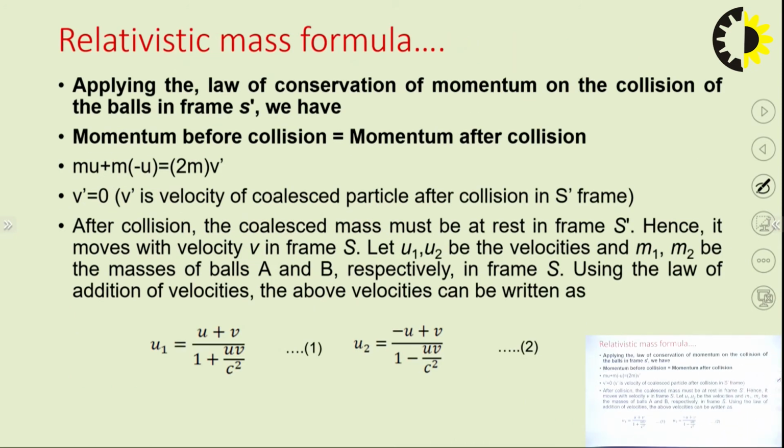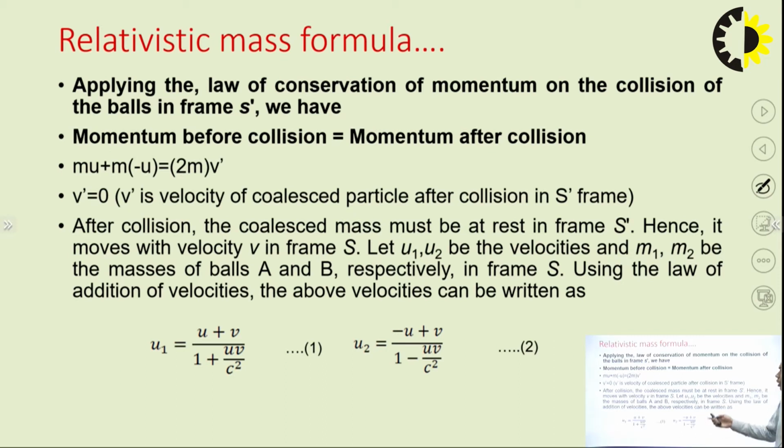Now, by applying the law of conservation of momentum on the collision of the balls in frame S prime, as we know, momentum before collision is equal to momentum after collision. The momentum before collision is m u and m minus u. So, this is 2 m v.